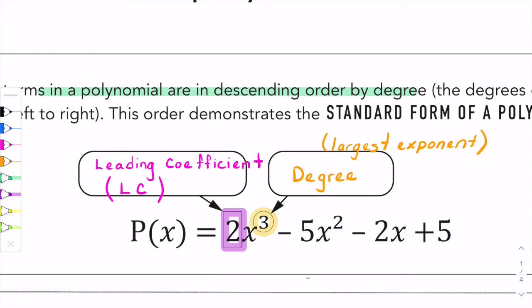And when I say largest exponent, it's the largest exponent of the entire function. You have an exponent of 3, 2, 1, and then no exponent. So the largest one is 3. That's considered the overall degree of the function.